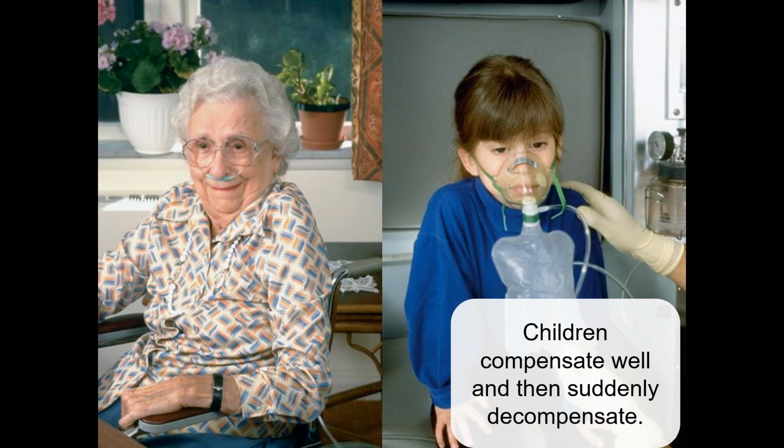Kids don't have the same blood volume as we do. An adolescent will have somewhere around 2 liters of blood in them, depending on age and weight. Our average adult will have somewhere between 4 and maybe 6 liters of blood inside of our vasculature.